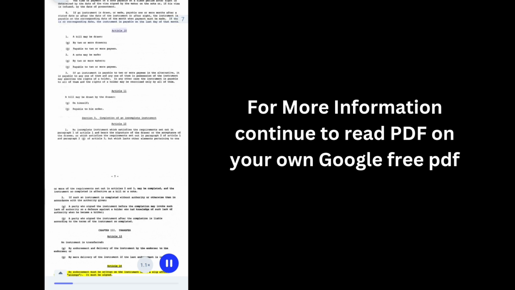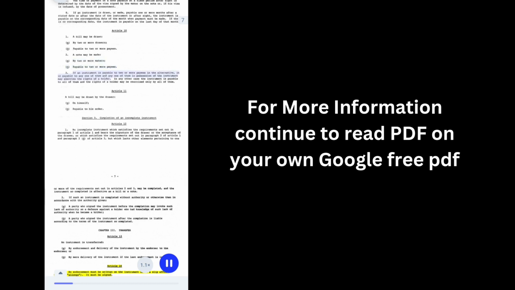Article 10. 1. A bill may be drawn by two or more drawers, and payable to two or more payees. 2. A note may be made by two or more makers, and payable to two or more payees. 3.